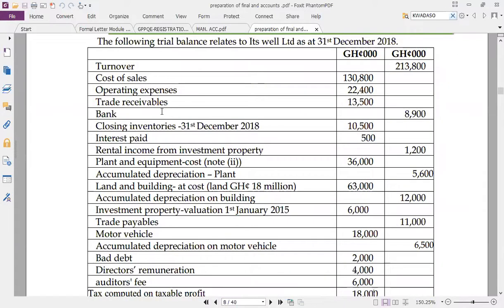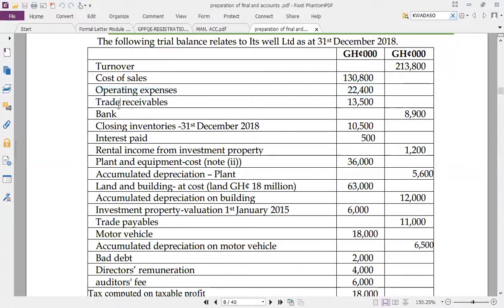So turnover will be the net sales. That is the sales revenue. Cost of sales, usual. Operating expenses, usual.